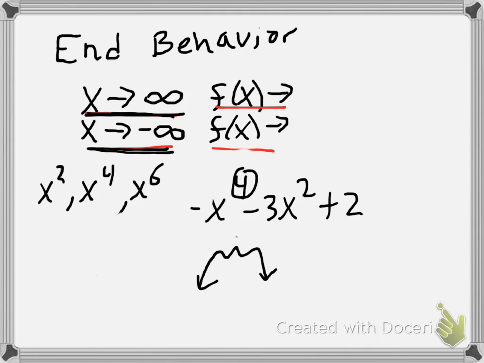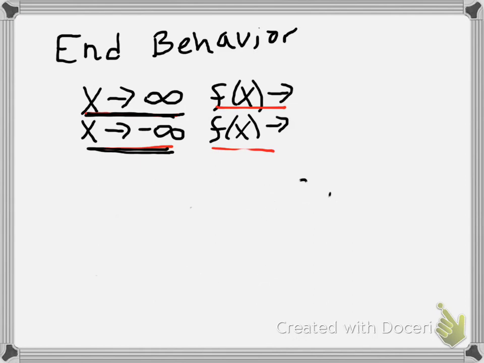Now, if it is an odd number, sorry, I couldn't think of the word. If it's an odd number, so like the highest exponent's x to the third, or x to the fifth, or x to the seventh, etc., they're going to go in opposite directions.